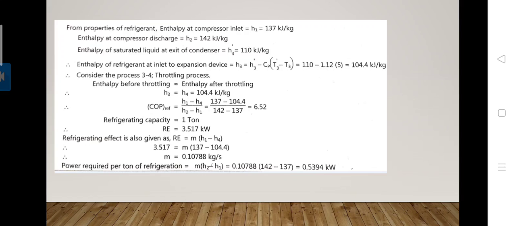Now the refrigeration capacity is for 1 ton, so the refrigeration effect is 3.517 kilowatt. The refrigerating effect is also the mass flow rate of refrigerant m times (H1 − H4). For 1 ton it is 3.517, and by putting the values of H1 and H4 we can get the value of m.